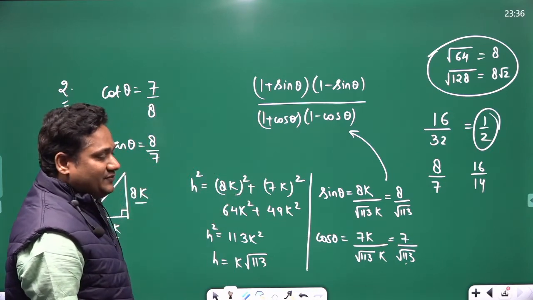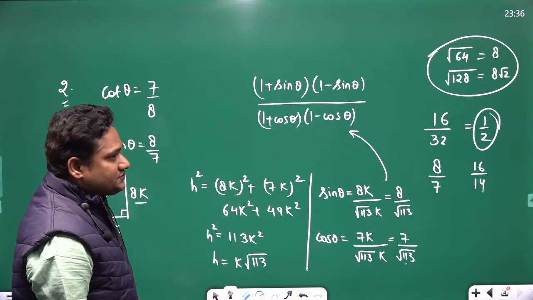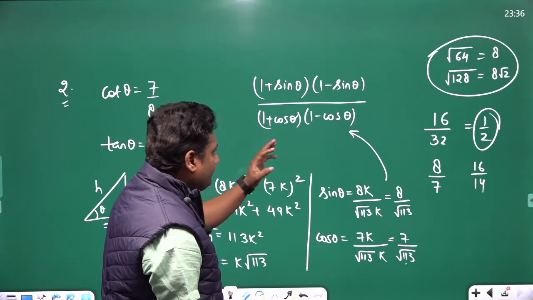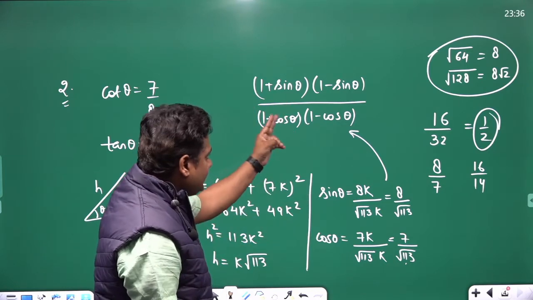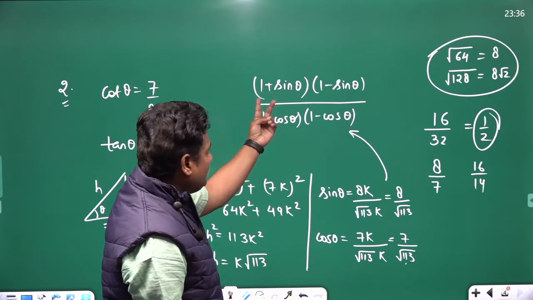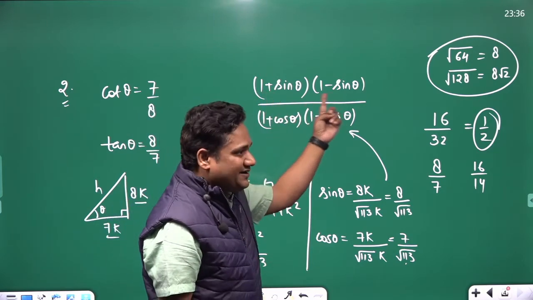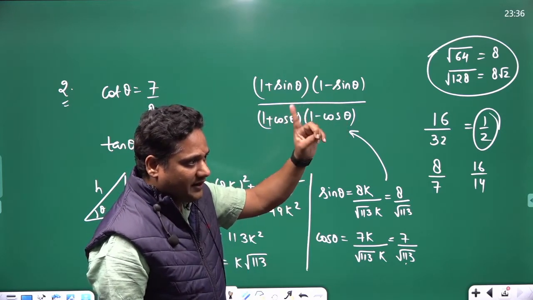Another way I am giving you an idea, we have just discussed a few formulas. With the help of a few formulas, I can directly give the answer of this question. Let us see. You know the formula of a plus b and a minus b. What is the formula of a plus b and a minus b? A square minus b square, right?